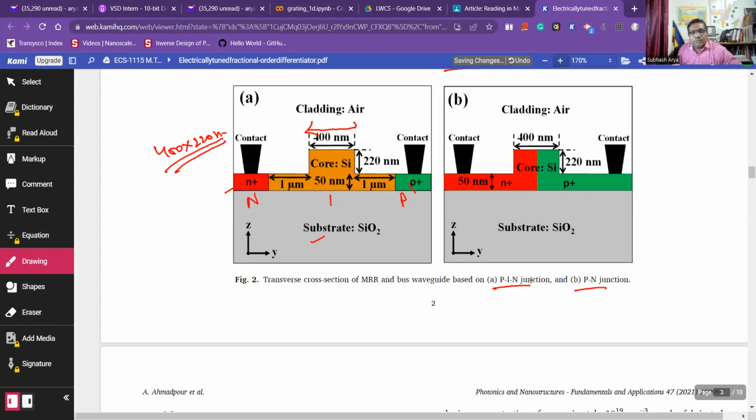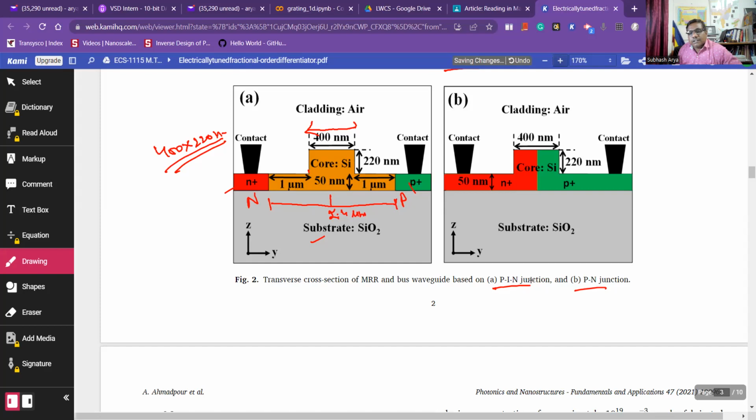And now 1 micrometer away from here, and 1 micrometer away from here. So 1, 2, and 2.4 micrometer. So in total this region is 2.4 micrometer.